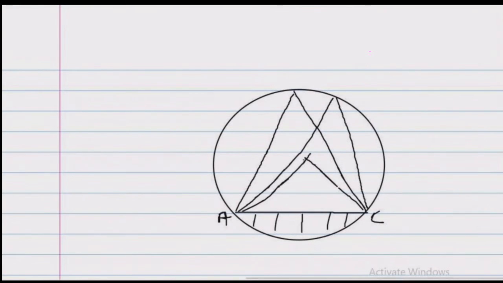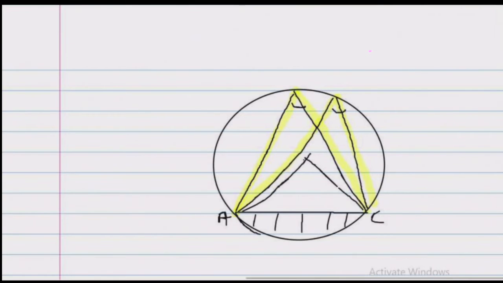Can you see these two angles are subtended by the same arc? I will try to highlight it for you. From over there to there, over there to there. Now, what is common with these two angles is that they are subtended by the same arc.